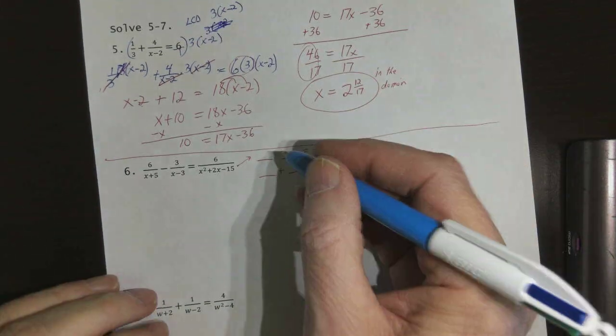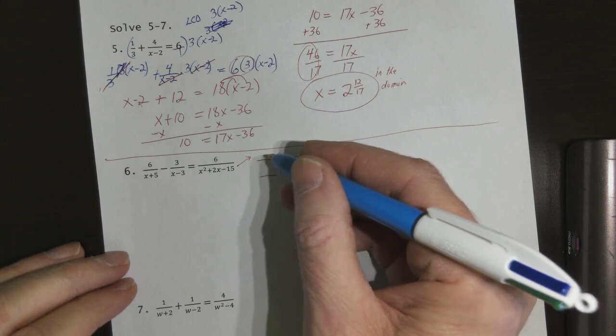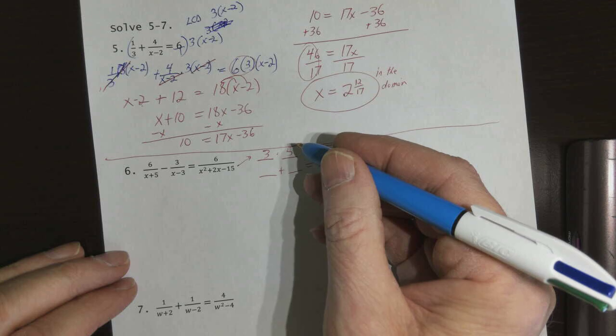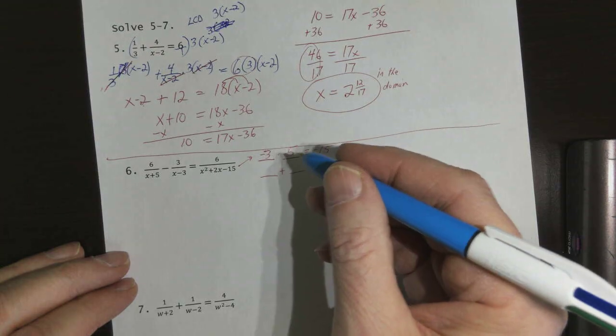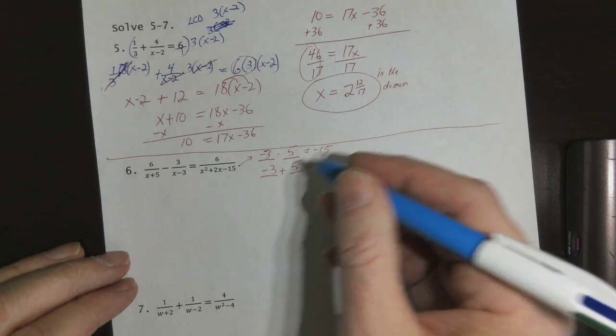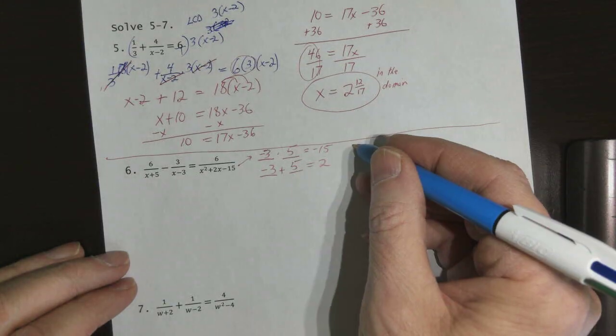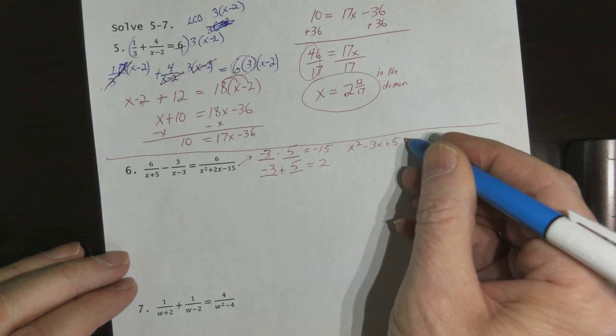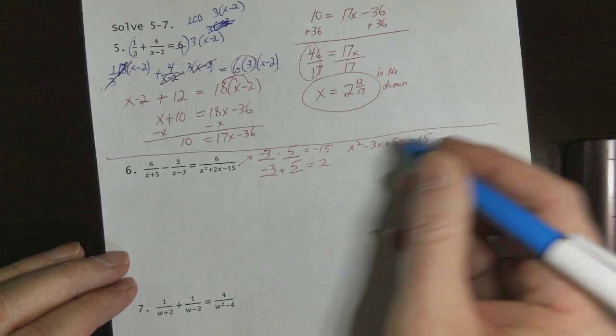So I'm going to take 3, negative 3 times 5, negative 3 plus 5, x squared minus 3x plus 5x minus 15.